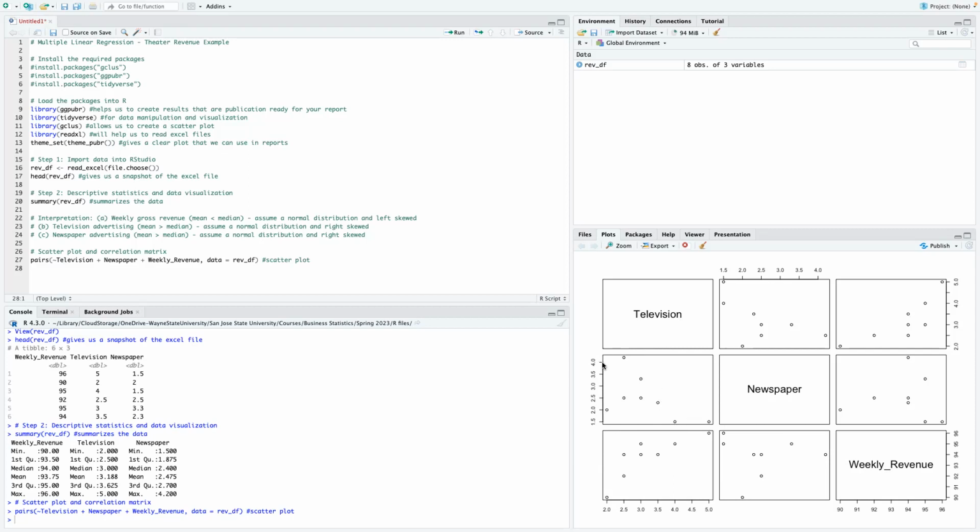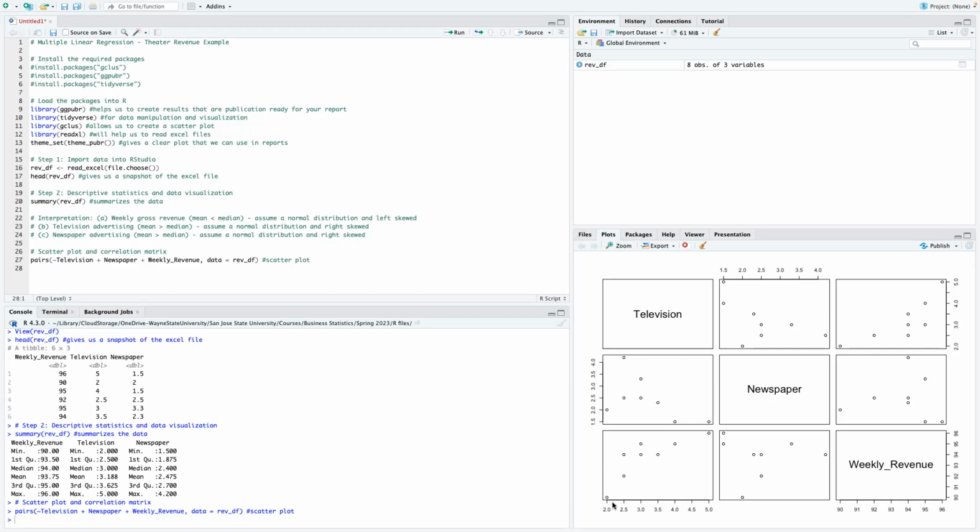So we can see it looks like almost a negative relationship between television and newspaper, because as the amount of money on newspaper increases, we could see that the amount of money on television decreases. So there's kind of like a negative relationship between the two independent variables. But when you look at television against weekly revenue, right? Remember, television is on the x-axis and weekly revenue is on the y-axis.